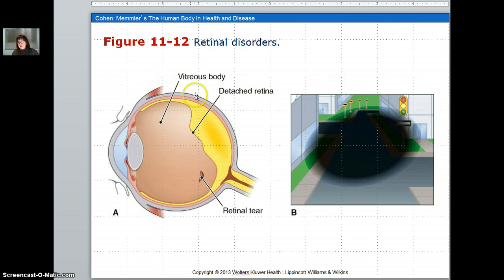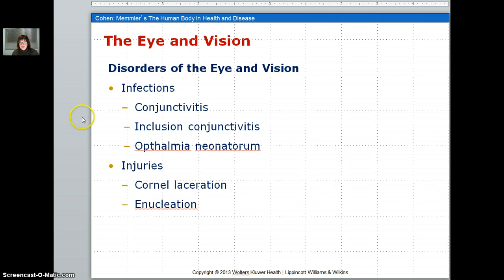There's also a very common disorder called retinal disorders. If you detach the retina, it's not at that perfect length in order for it to be focused on. There's also a condition called presbyopia. Presbyopia is the lack of the eye contracting.